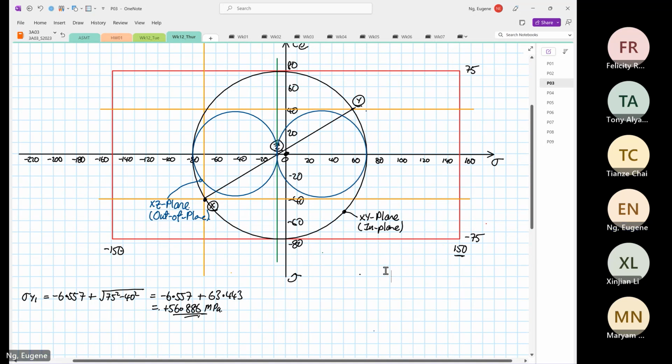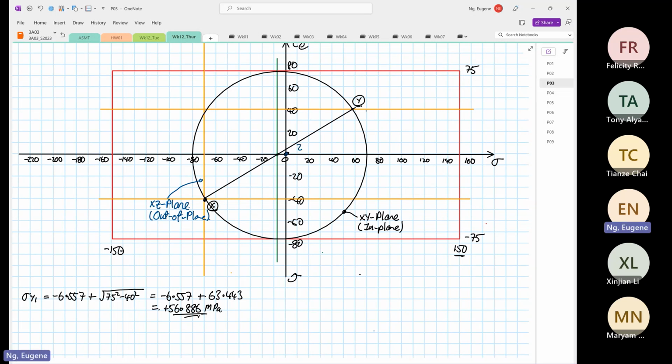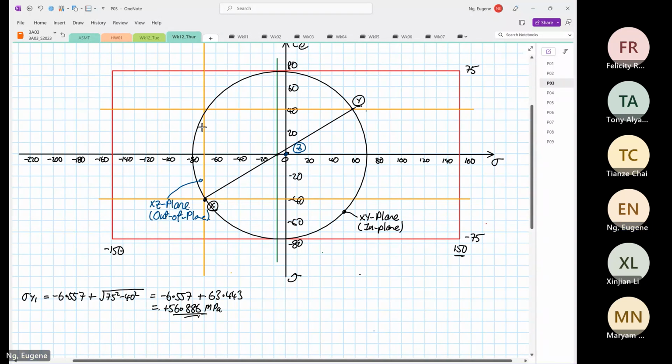Sorry, I got it wrong. I missed my point Z. It's point Z, it's not the center of the circle. It's from point Z, not from the stress average. I do apologize. I don't want to confuse all of you. So 40.